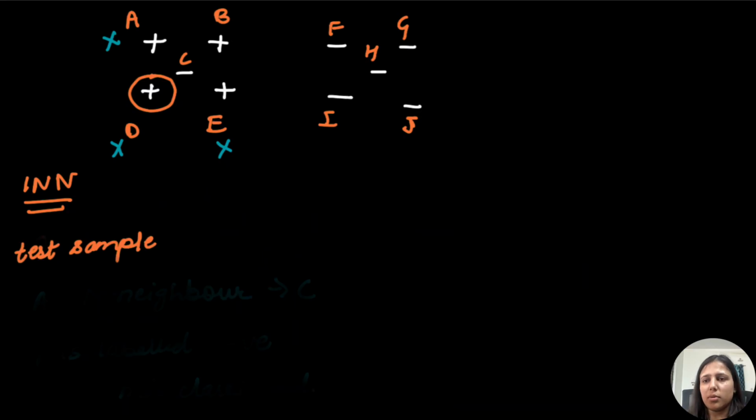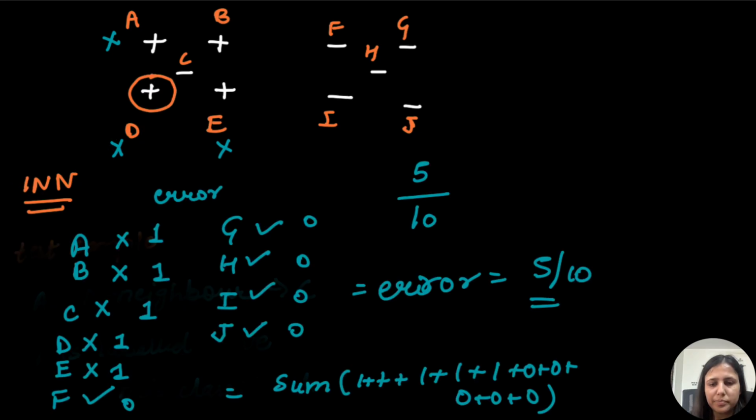Now let's talk about the 3NN classifier. Let me use a new slide here and draw the data set again. So we have positive, positive, negative, positive, positive and all negatives here. This is my data set.